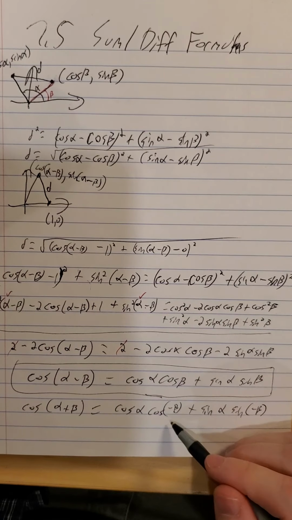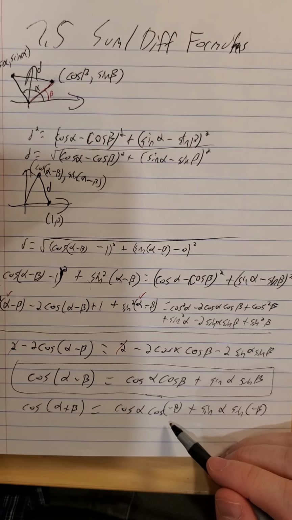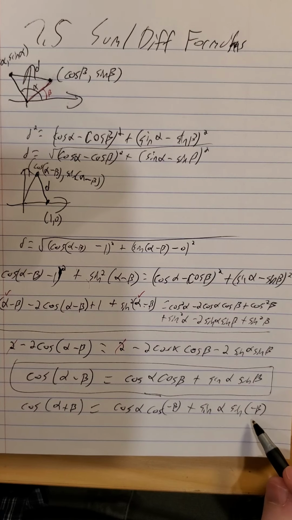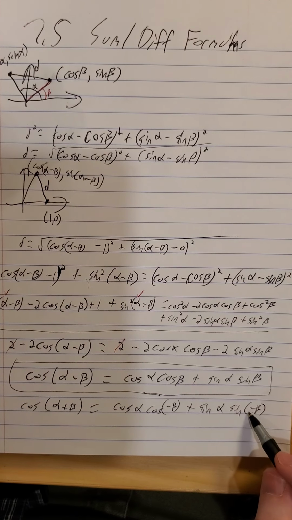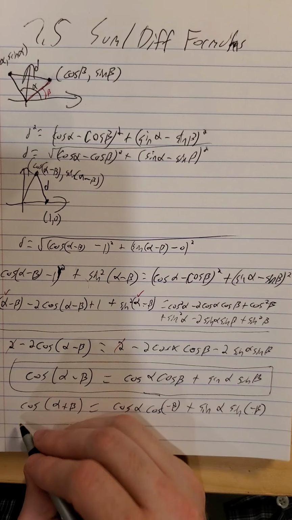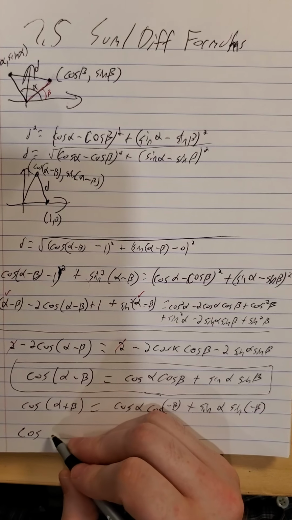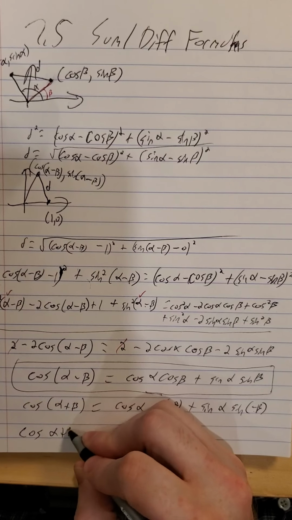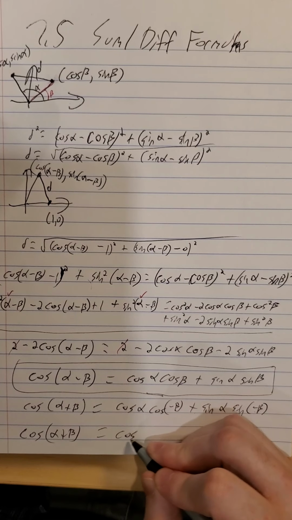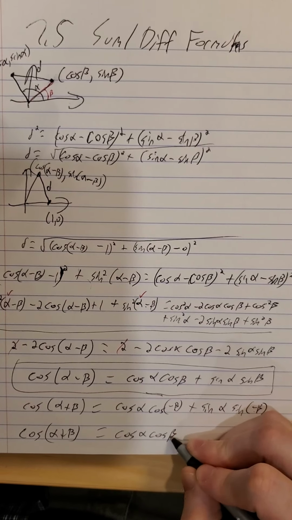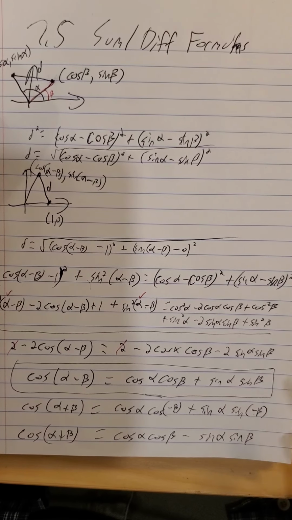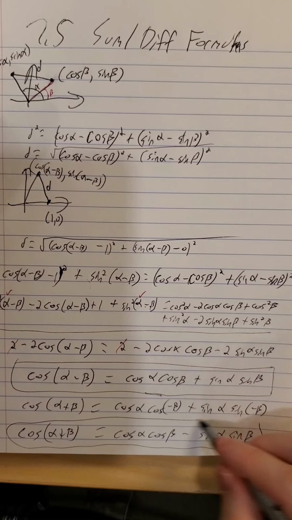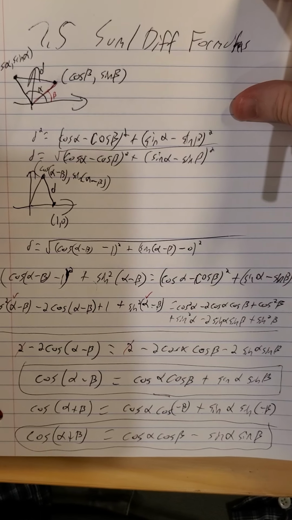So cosine of the opposite of beta is the same as cosine beta, but the y values will flip depending on if we spin up or spin down. So we can bring that minus out and say cosine of alpha plus beta is cosine alpha cosine beta minus sine alpha sine beta. So that's one of our other known formulas.